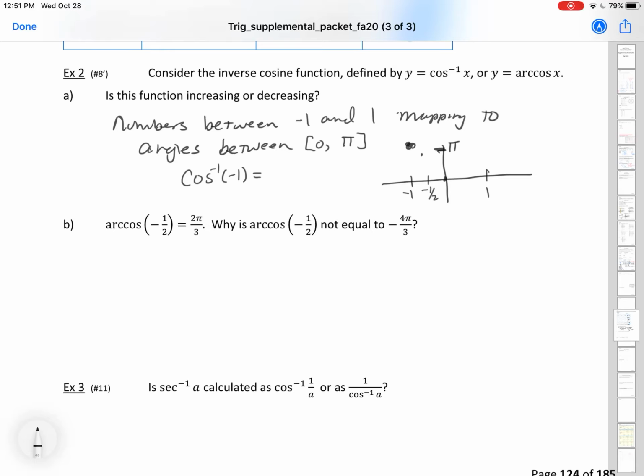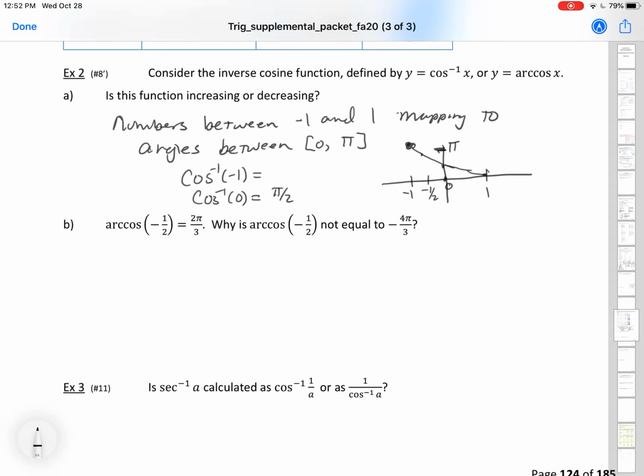And at 0, what is it? What's the cosine inverse of 0? What angle between 0 and pi do we take the cosine of and get 0? Pi over 2. So now it's down here at pi over 2, and it's coming all the way down to 0. It's more of a curve, but it's looking something like that.